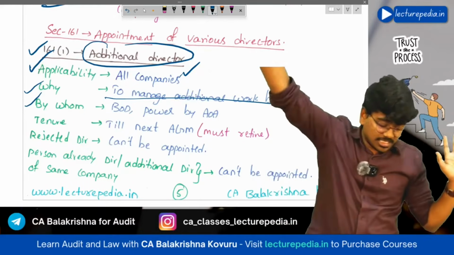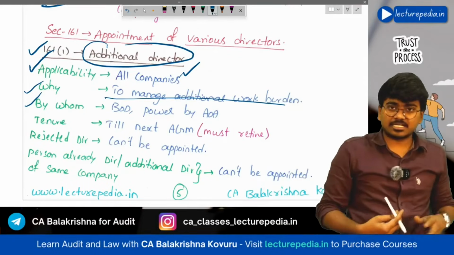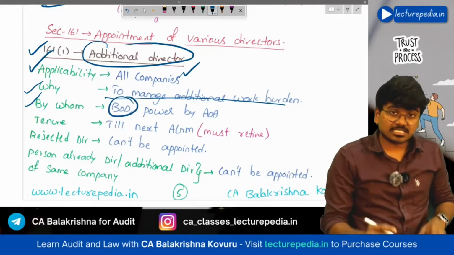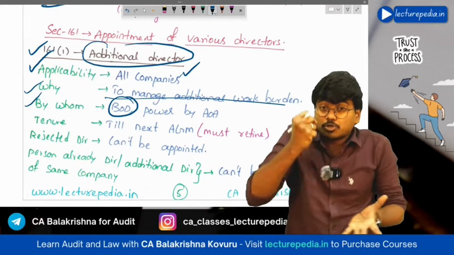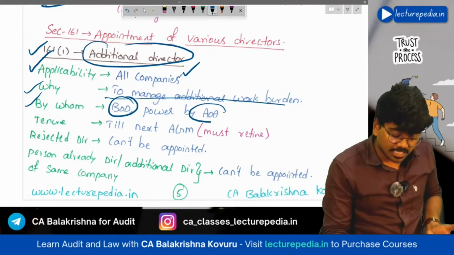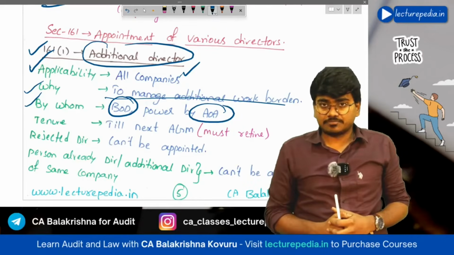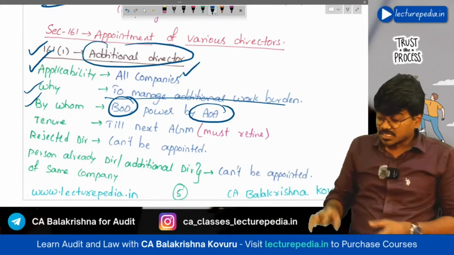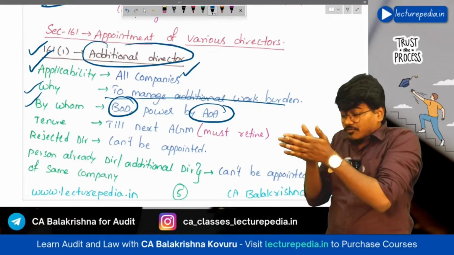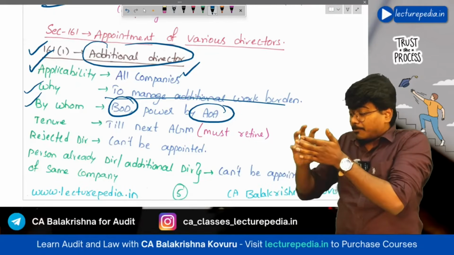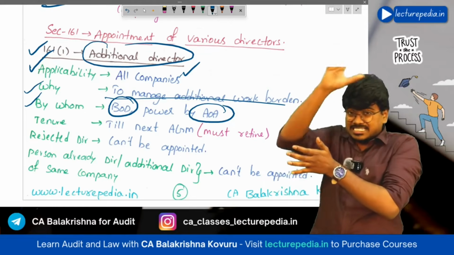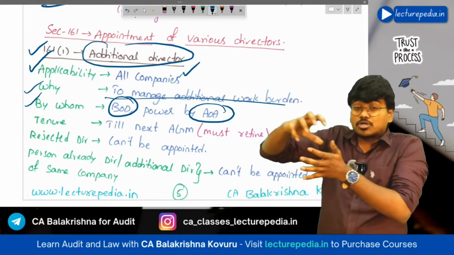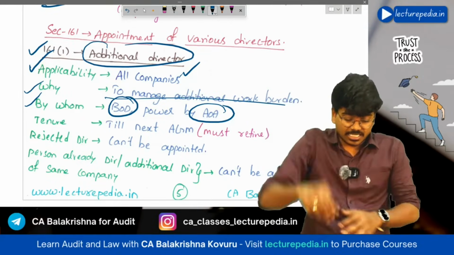Shareholders will not appoint the additional director. Board of directors has the power to appoint the additional director, and this power to board of directors has to be given by articles of association of the company. If in the articles of association of the company, the power has been given to the board of directors to appoint additional directors, then the board of directors can appoint additional director.